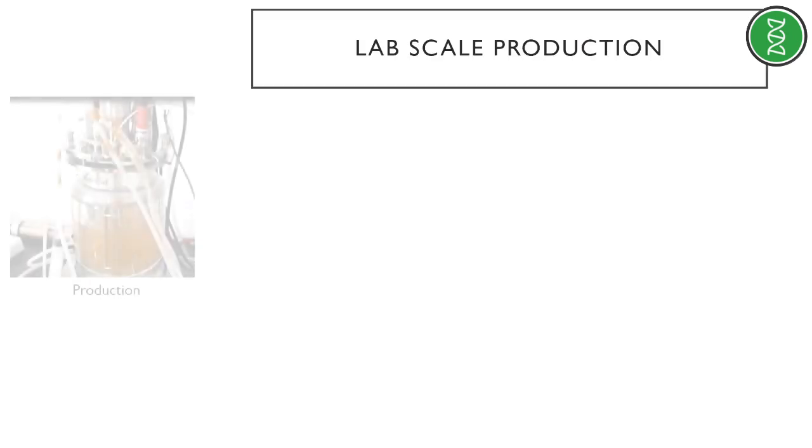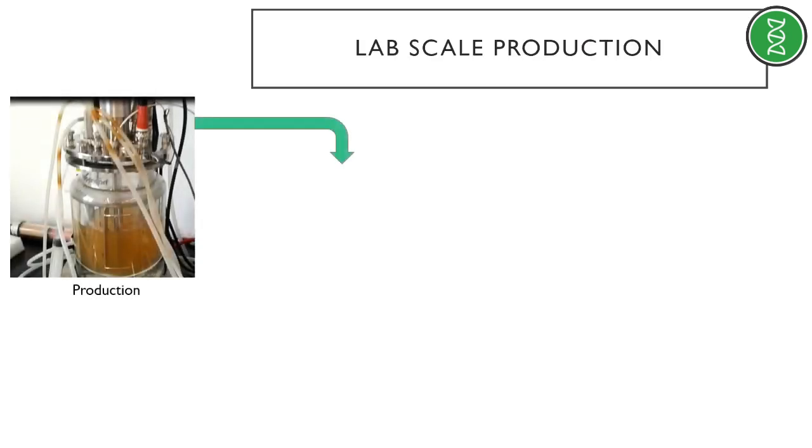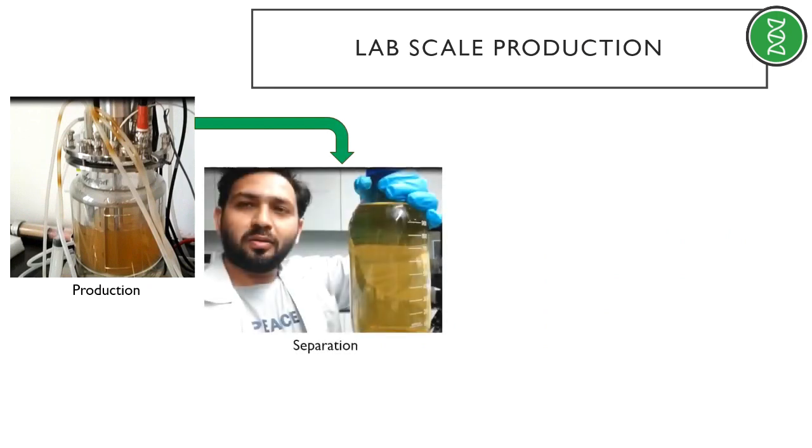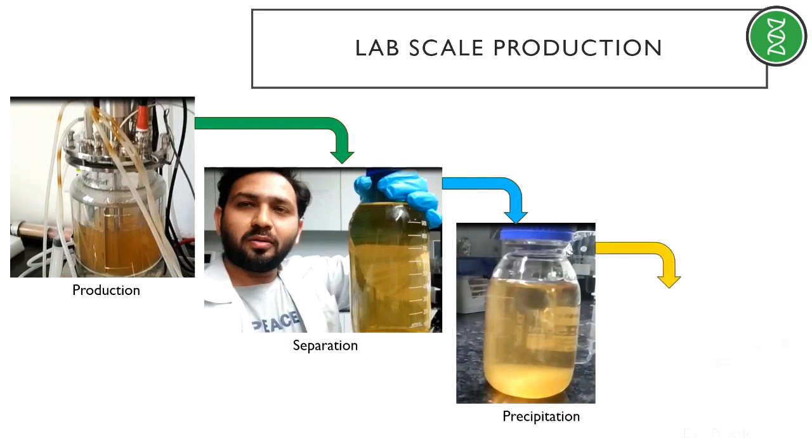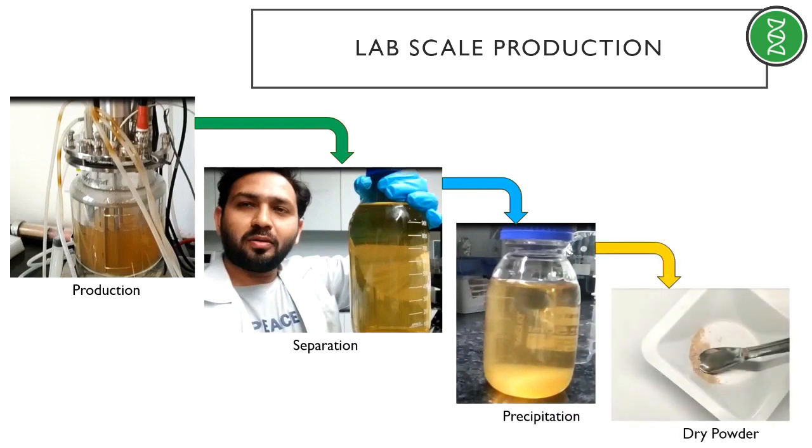For the lab scale production, firstly we will start with production at the fermenter level, then separation of the broth, then precipitation by raising the pH, and after that getting the dry powder of the antibiotic. We will learn all these things in the lab scale production process. The other method is a solvent-based extraction process developed for the separation and purification of the antibiotic.